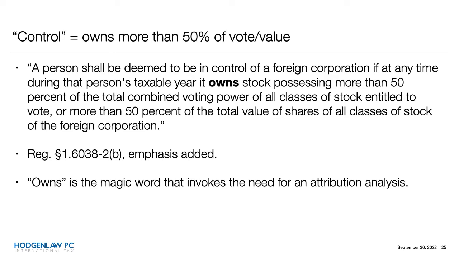And if the sum of all directly owned stock and indirectly owned stock and constructively owned stock exceeds 50% of the total issued and outstanding stock by vote or value, then you have control of that foreign corporation.